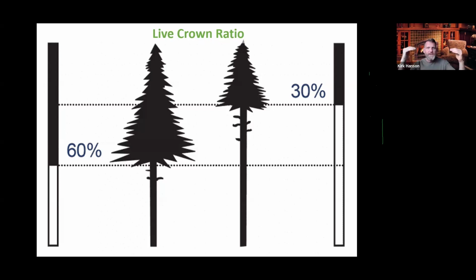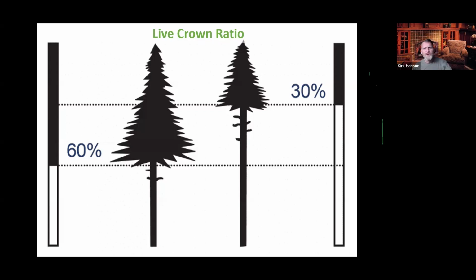And as the crown recedes, typically due to canopy competition, the growth of the tree slows. So trees with small live crowns often become subordinate in a stand. They just can't compete with the more dominant trees that have larger crowns. And they ultimately end up suppressed beneath the canopy of the more dominant trees, or they may die off entirely.